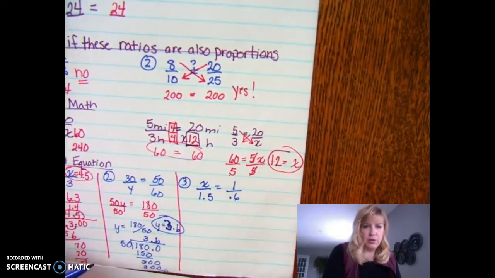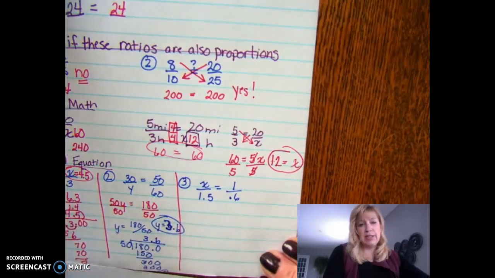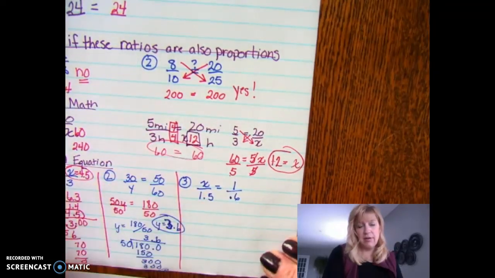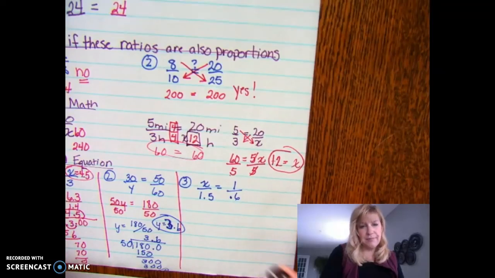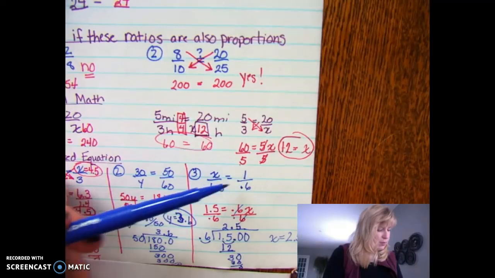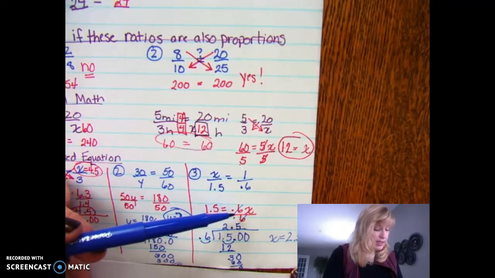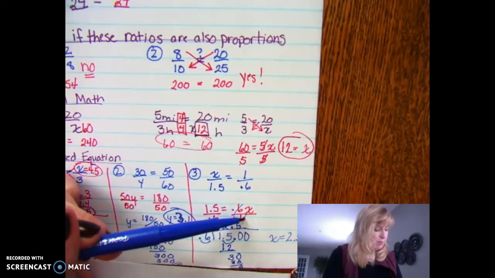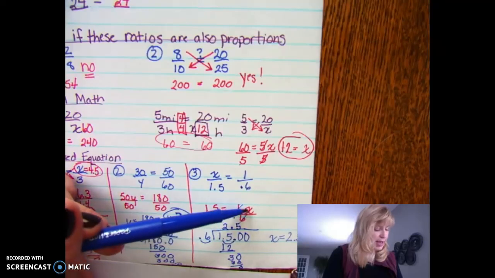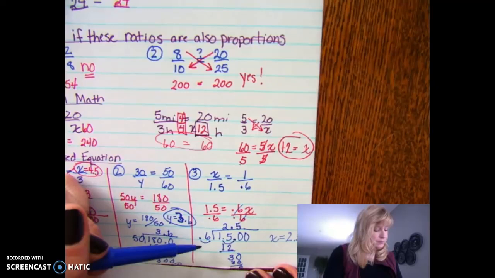I'm going to let you try number 3. I'm going to show all of my steps below. Try it and check it out. Zooming in on what I did here is 1.5 times 1 is 1.5, and this becomes 6/10 x or 0.6x. I divided both sides by 0.6 to get x all by itself, and then I needed to do the division.